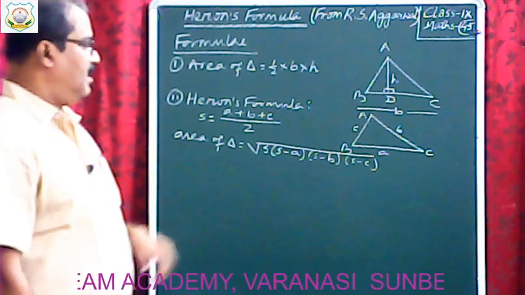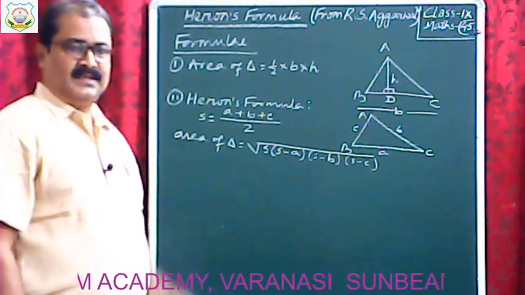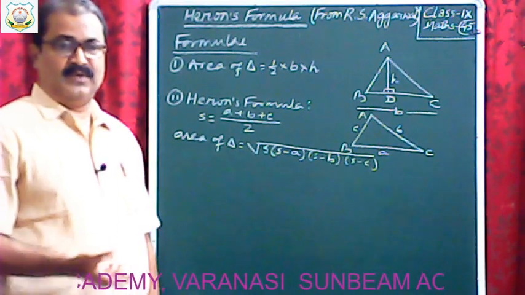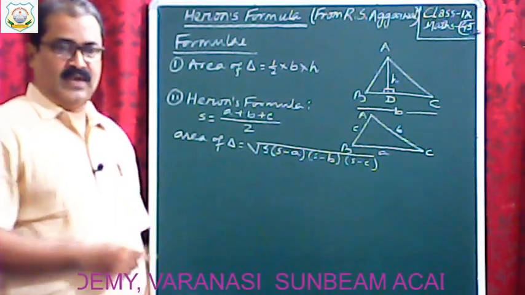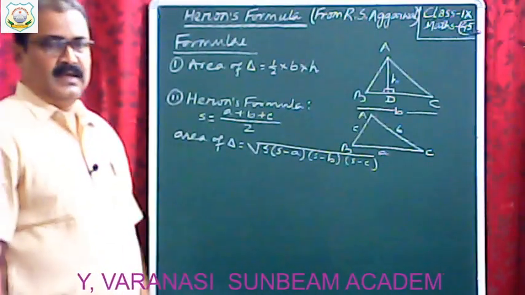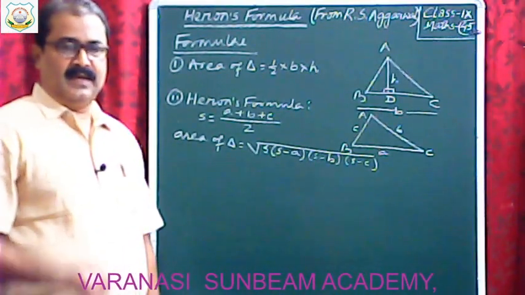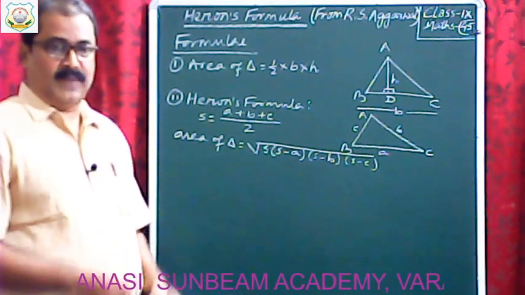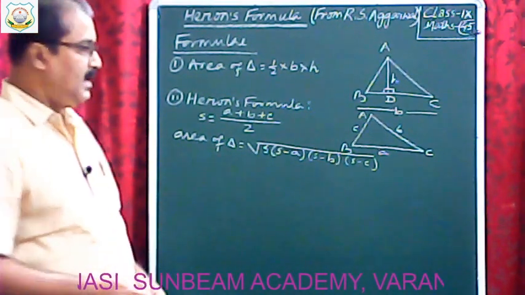Okay. So in this way you have to find S, the semi-perimeter of the triangle. Perimeter means length of boundary of a geometrical figure. In case of triangle, sum of all three sides. And thereafter you have to find area of triangle. Area means region occupied by an object. Region occupied by an object is known as area.